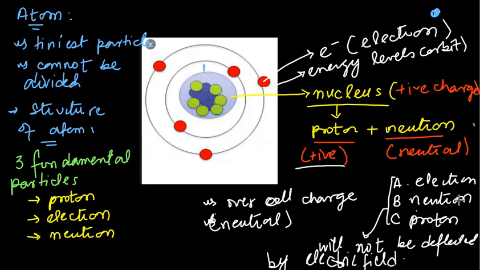Anything which is uncharged, which has no charge over it, will remain undeflected in the presence of the electric field. So always keep in mind, you will mark the answer neutron. So the neutron is the only particle in the atom which will remain undeflected when passed through or directed towards the electric field. Okay.